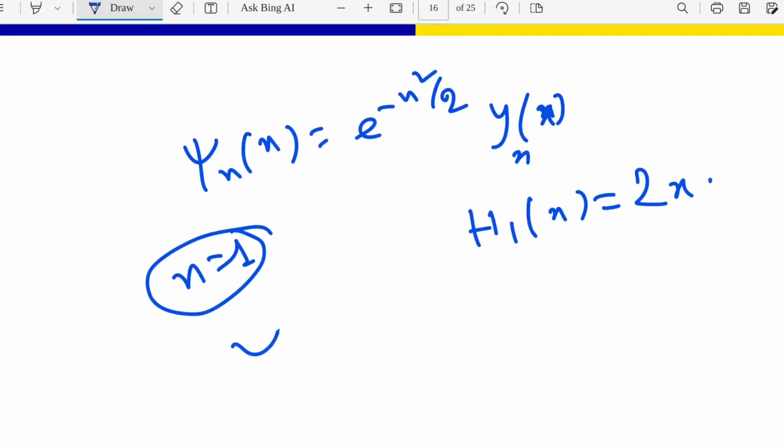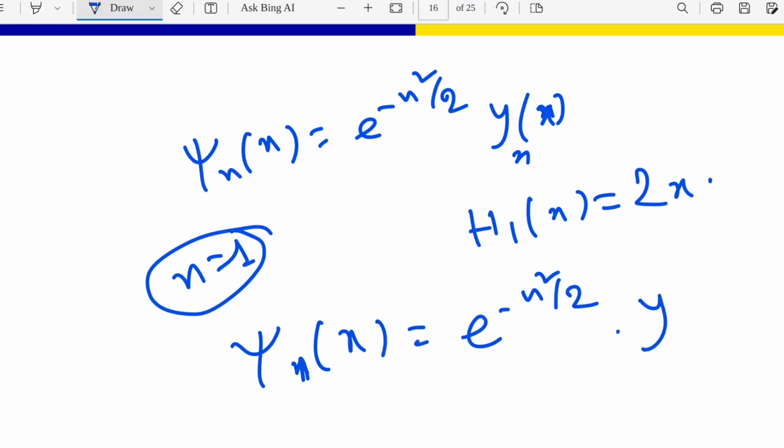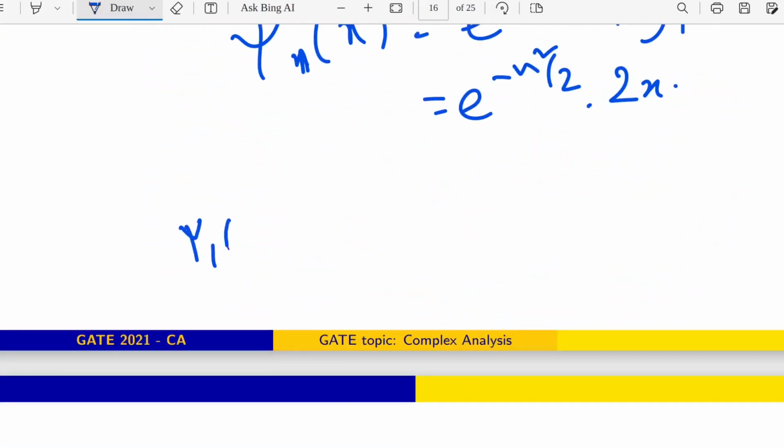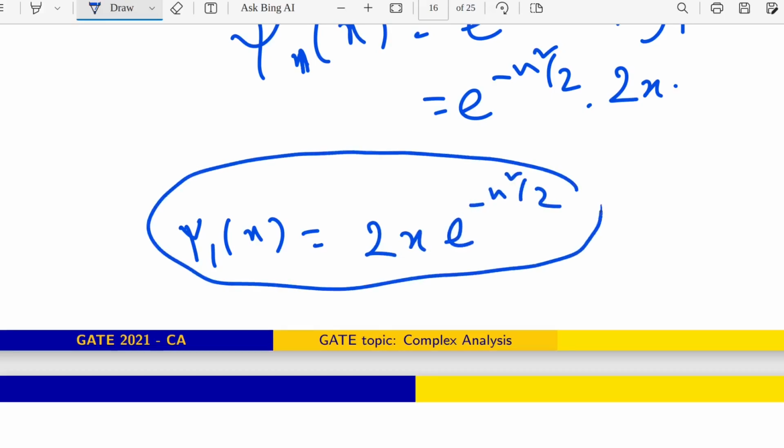Now we just need to put these values here, e to the power minus x square by 2 into 2x. Now you can see our psi_1(x) is 2x e to the power minus x square by 2. This is the expression, and we have to think about the nature of this expression.